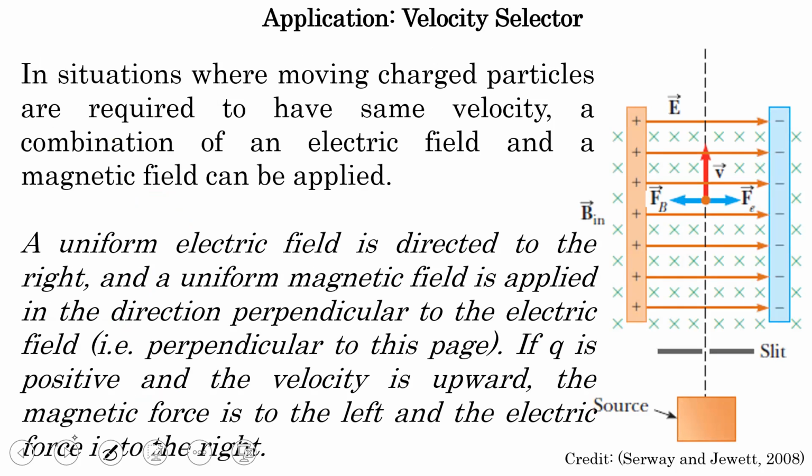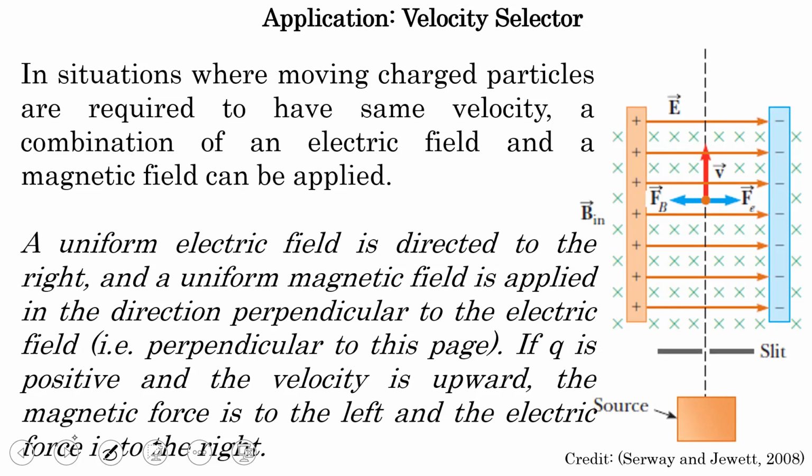So the property of a charge, which includes possessing a magnetic field when in motion, can be used in some applications, one of which is the velocity selector.